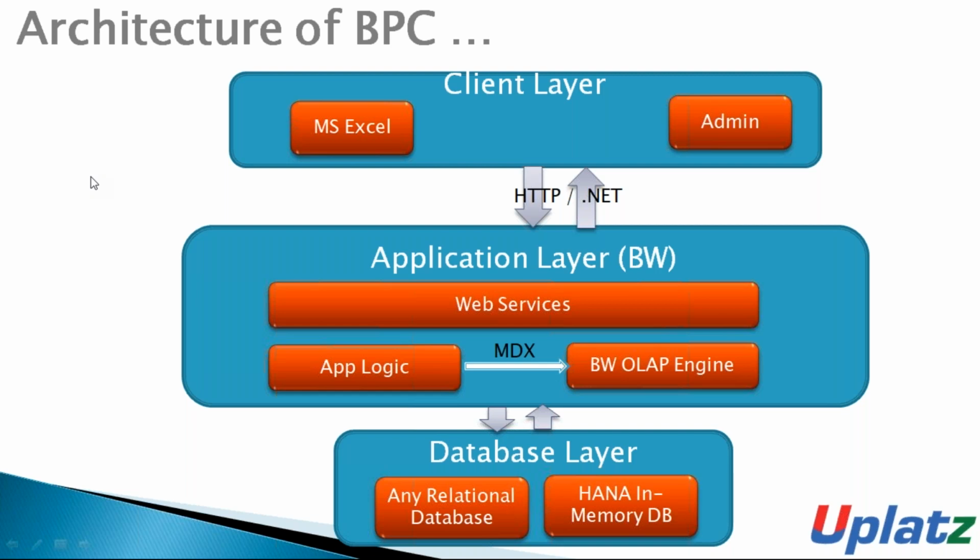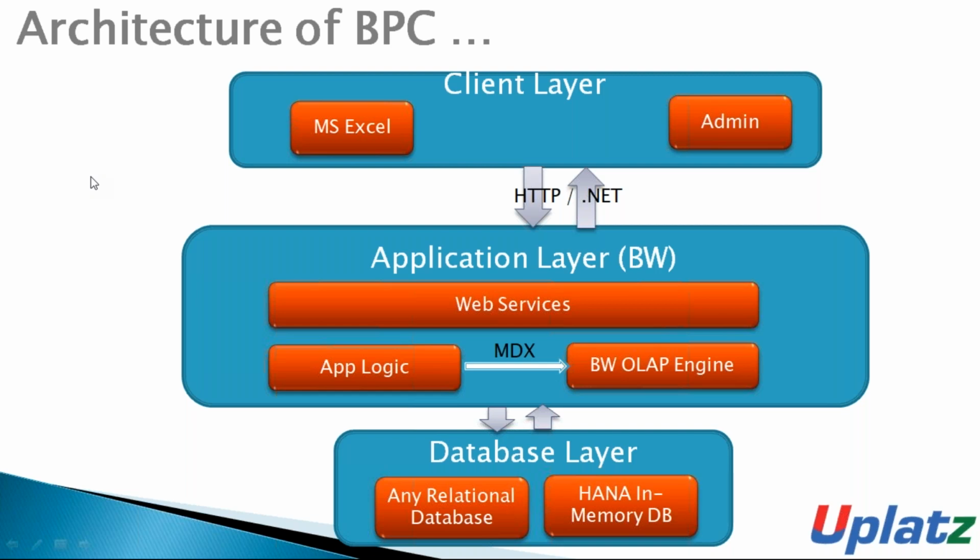Pictorially, if you see here, this is a simple overview. We don't load anything in the database layer. We'll majorly use the application layer and client layer here. There are two steps of loading.